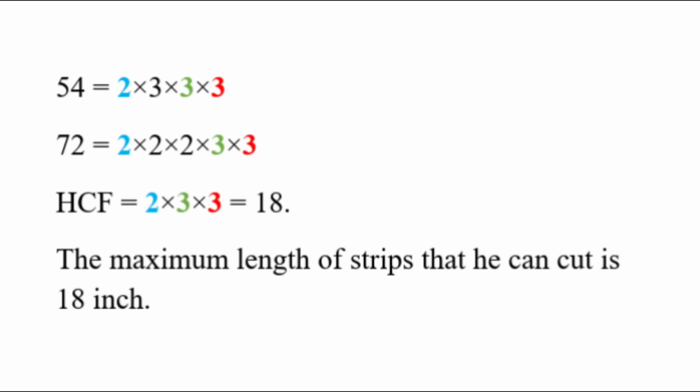So the common factors are 2, 3 and 3. Their multiplication is 18. So SCF is 18. Hence, the maximum length of strips that he can cut is 18 inches.